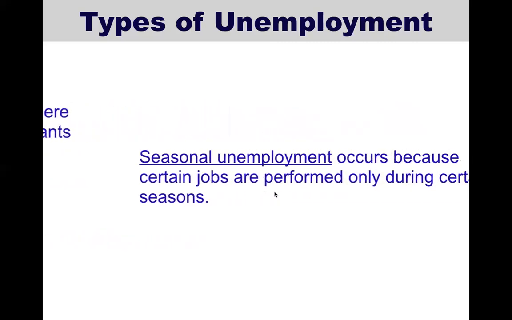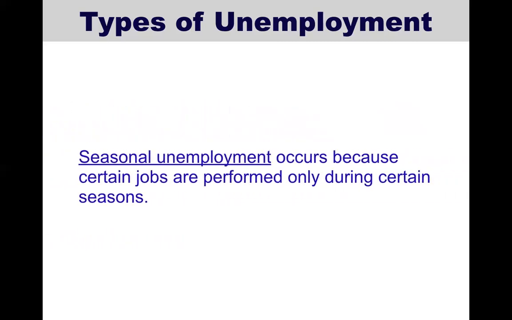And lastly, we have what we call seasonal unemployment. Seasonal unemployment simply has to do with the different seasons that we have within a year. And of course, different seasons bring about different job opportunities.